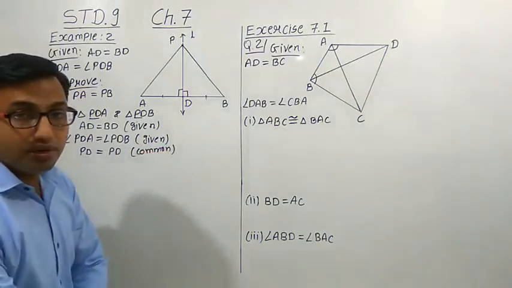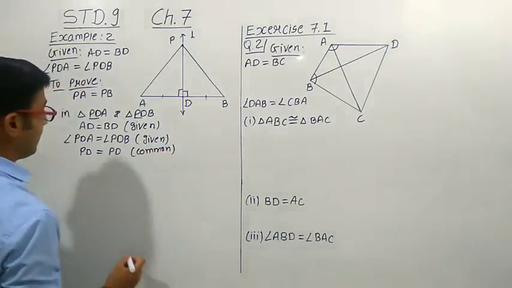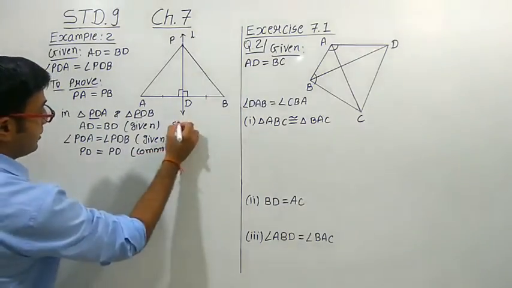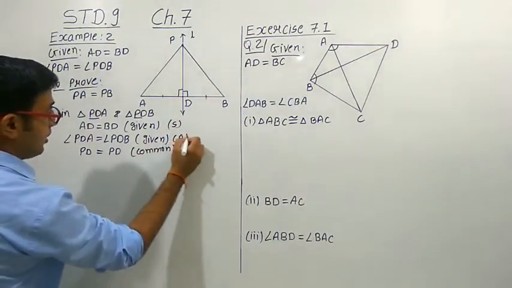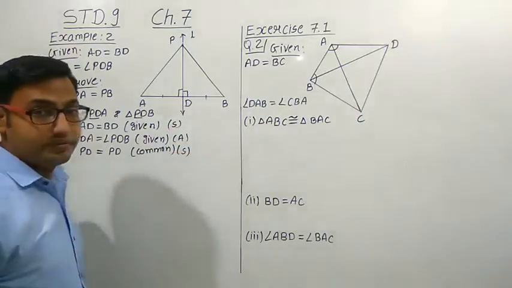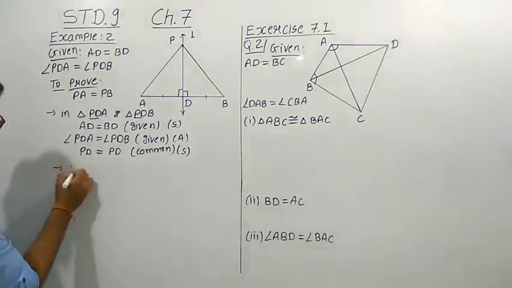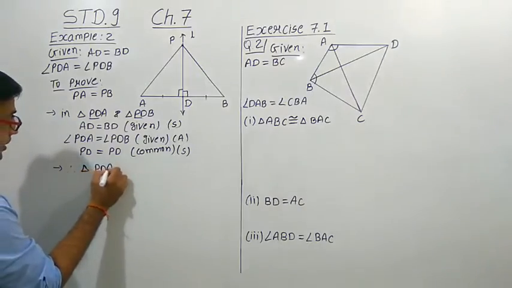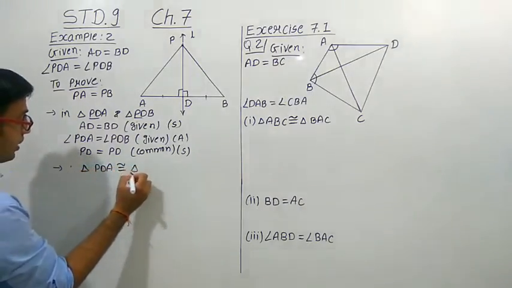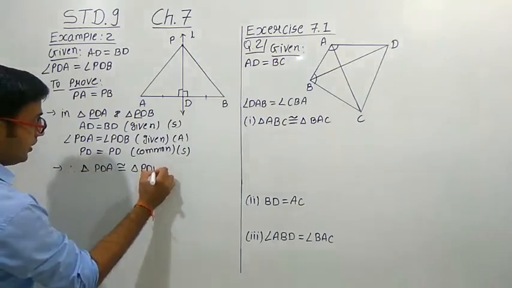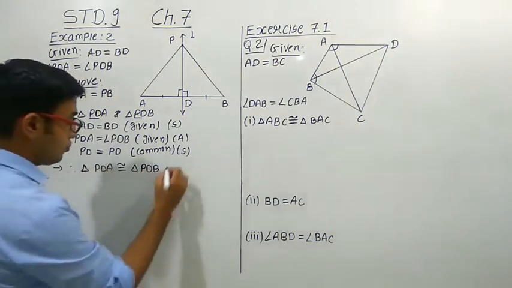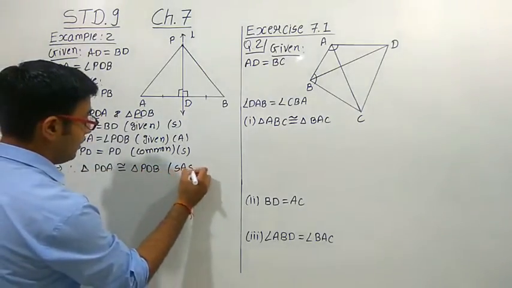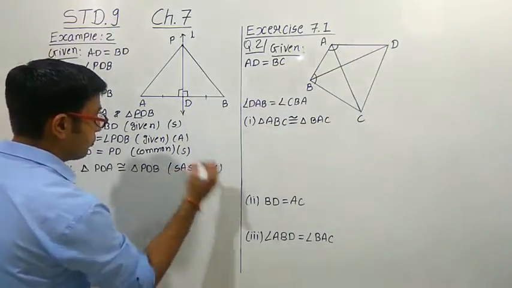This side is common in both triangles. So all three criteria are satisfied: this is the side, this is the angle, and this is the side. So here we can write that triangle PDA is congruent to triangle PDB by the side-angle-side rule.